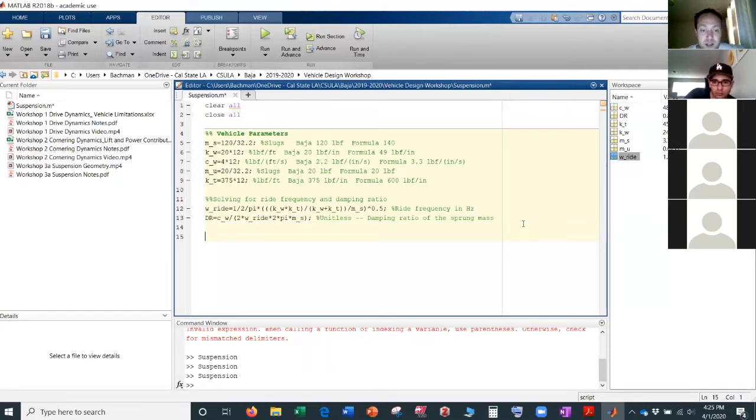All right, so now what we need to do. We're going to say we have the acceleration of the sprung mass, A of the sprung mass, is equal to 0. The initial velocity of the sprung mass will be equal to 0. The acceleration of the unsprung mass will initially be 0.